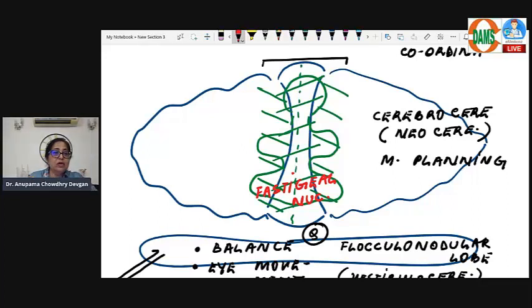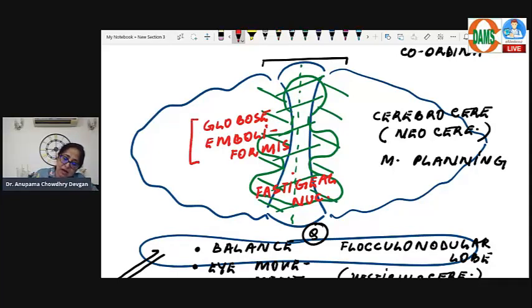Lateral part, which is involved in coordination of distal muscles, you've got globose and emboliformis, and these are called the nucleus interpositus. Nucleus interpositus. Right? This is meant for coordination of distal muscles.